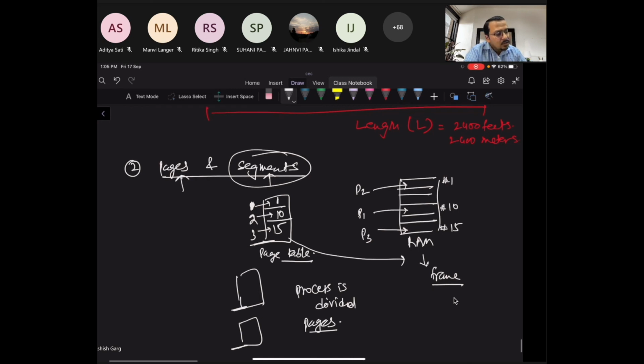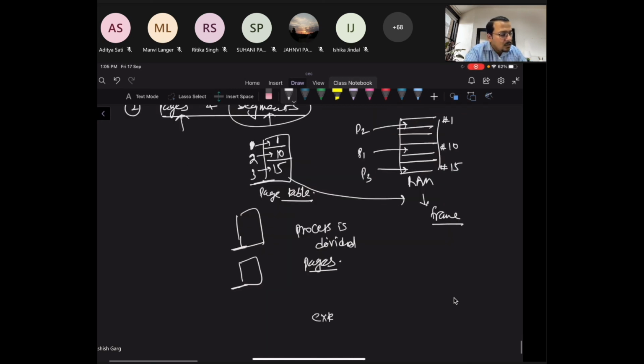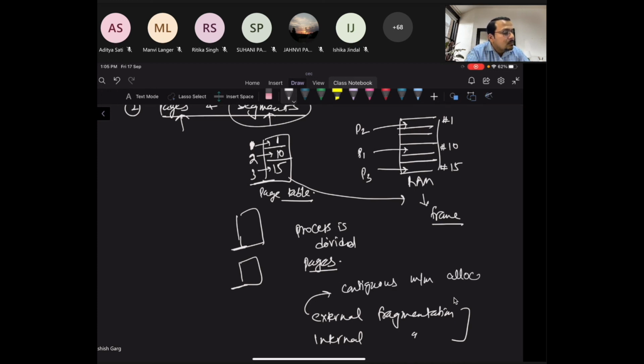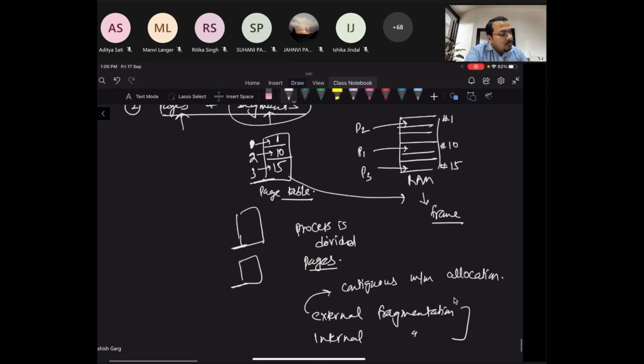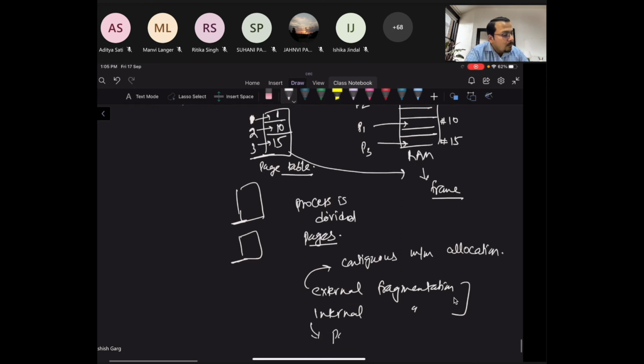There are two more things which you will learn by yourself. One is external fragmentation and another one is internal fragmentation. External fragmentation occurs in contiguous memory allocation, and internal fragmentation occurs in paging and segmentation also.